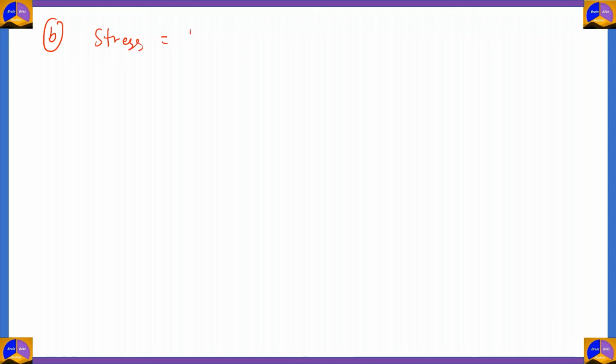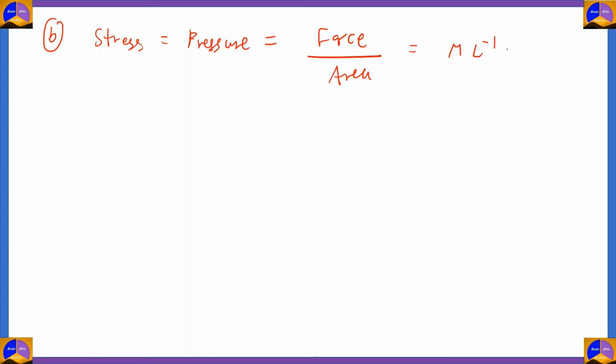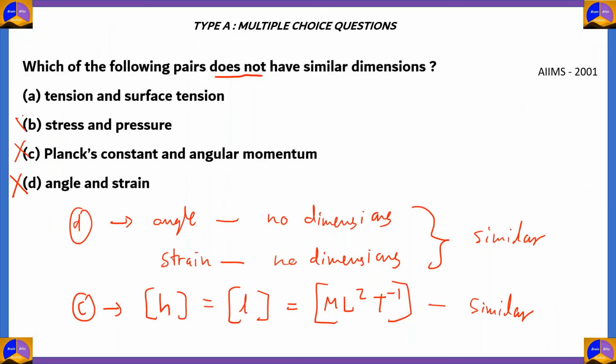Stress is equal to pressure because they share the same formula. Force divided by area. So basically, M L raised to minus 1, T raised to minus 2. Both have the same dimensional formula. So they are similar, which makes option B incorrect.